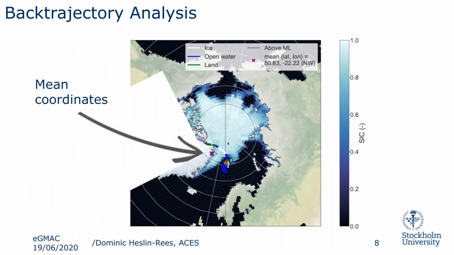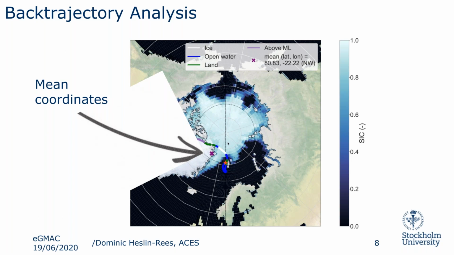So this is just a little example of what we did. Sorry about the arrows, it wasn't like that before. We've got an example trajectory here, and you can see that as it arrives at Zeppelin, we've got blue for the open ocean, green for land, and then we've also marked in where we calculated the mean of the back trajectory.